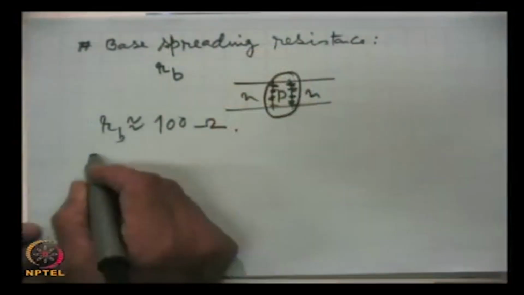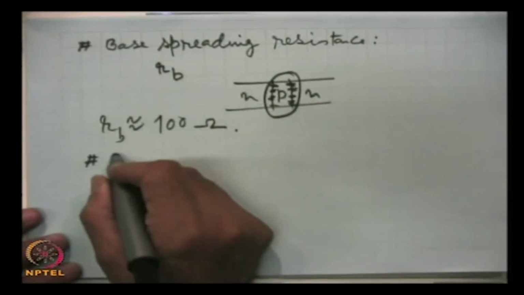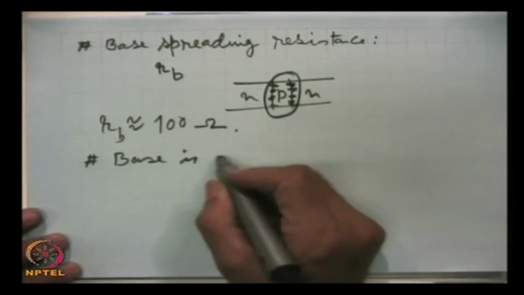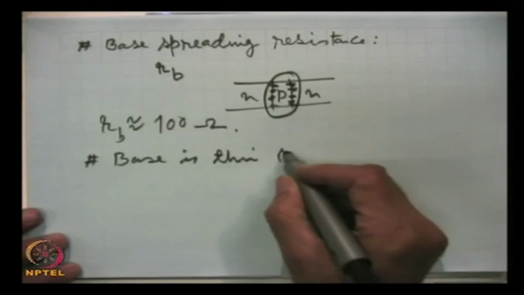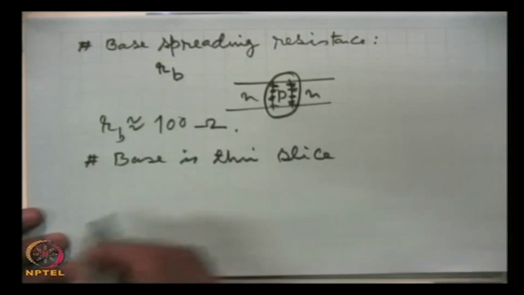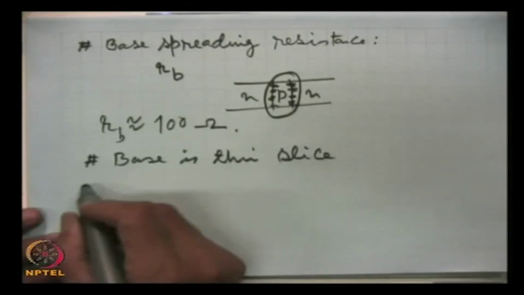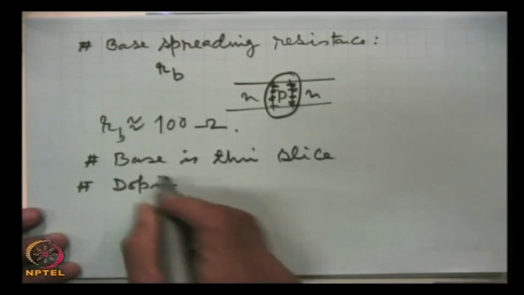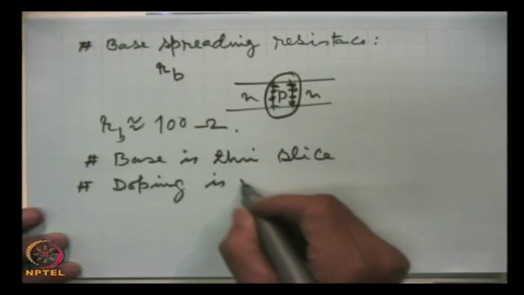The base is a very small thin slice, so the dimensions are very small. Doping is very light.